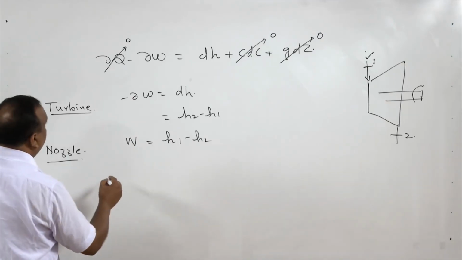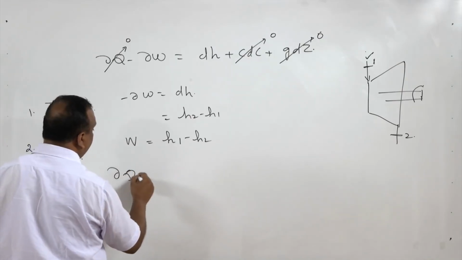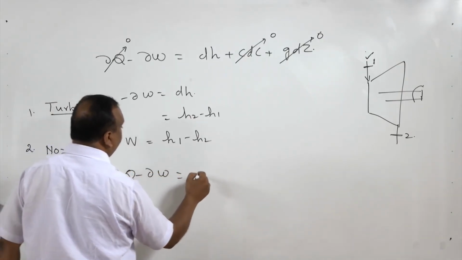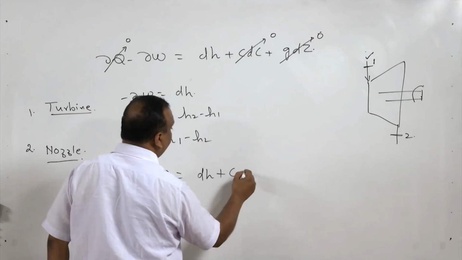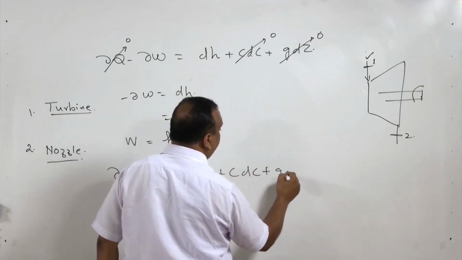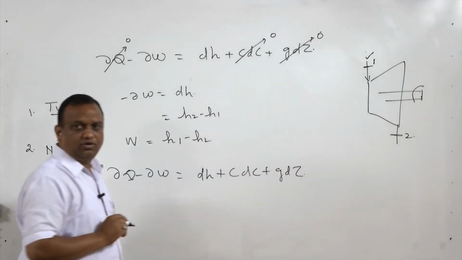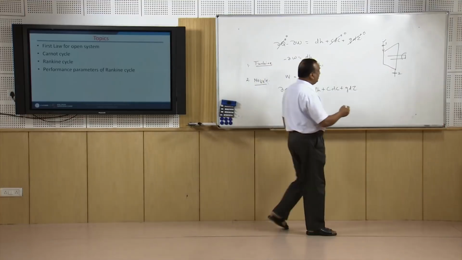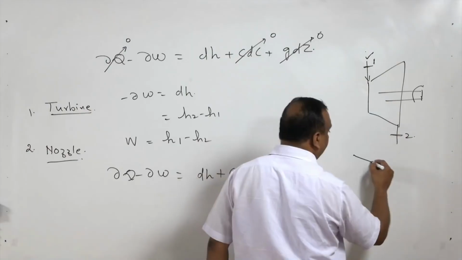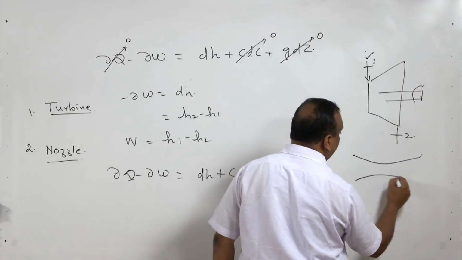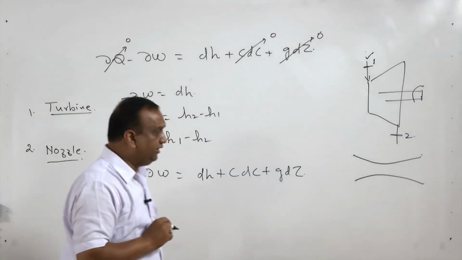In case of a nozzle, again, del Q minus del W is equal to dH plus CdC plus GdZ. A nozzle is nothing but a passage of varying cross section in order to increase the velocity of steam.